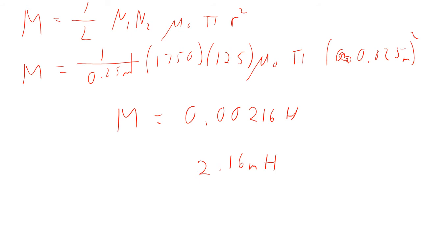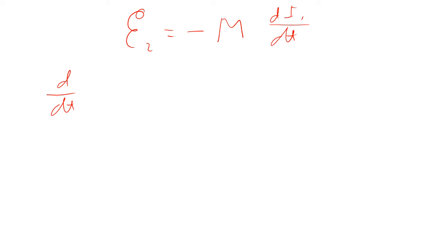Now we go back to the EMF in the secondary coil, which is going to be minus mutual inductance times the rate of change of the current in the primary. So what we need is the rate of change of that current, and remember the current was 2.15 amps times sine 785 hertz t.